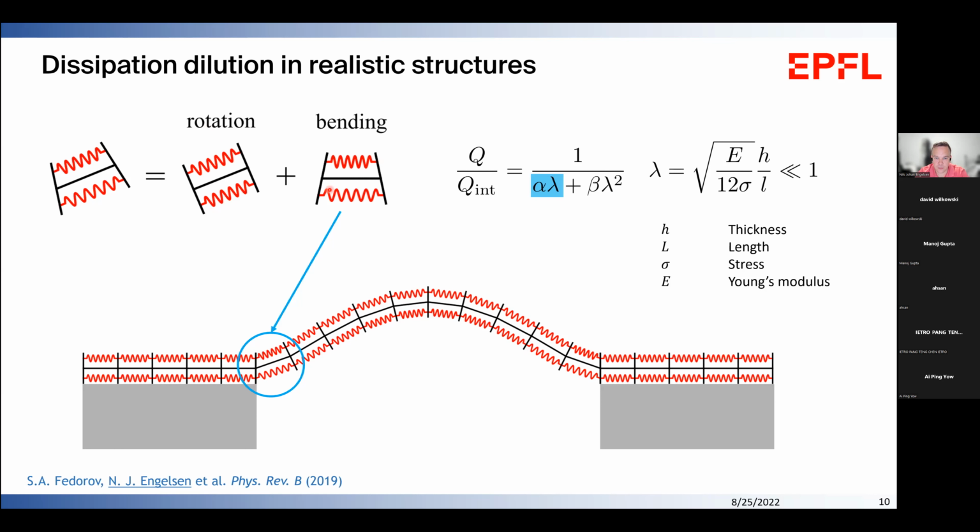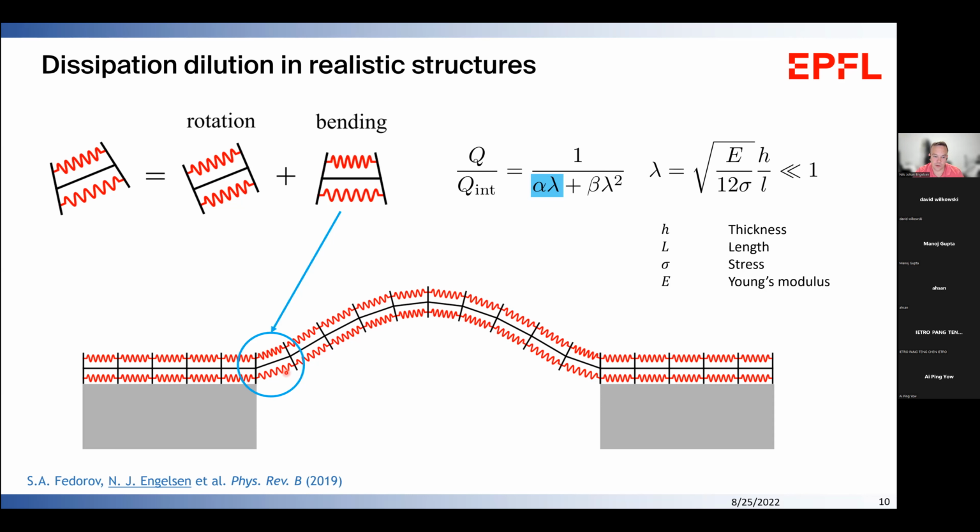And actually only this bending part leads to dissipation, while the rotation part is dissipation free. So what we can also see is that the bending is strongest near the clamping points. At the points where we hold the string or clamp the structure, there has to be a lot of curvature in the mode, which leads to this bending.